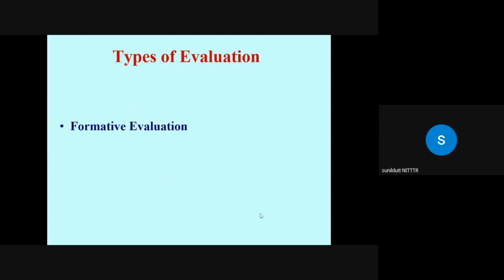After completing one subtopic, you will be asking 1 or 2 questions to know to what extent the students have received the information. Okay, so in case there are no satisfactory answers, then there is a need to make changes in your subsequent presentation. So you can always make some changes.